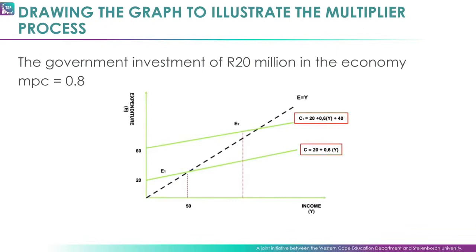Right, now we're just going to show you how to draw the graph quickly. The government invested 20 million in the economy and the MPC is equal to 0.8. So here we've got the original 20 million that has been invested, and then we see that it is 20 plus 0.8y.